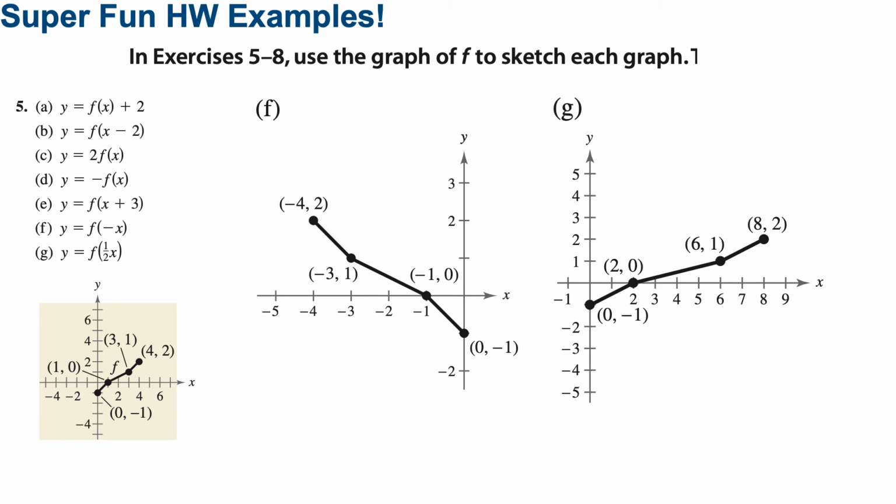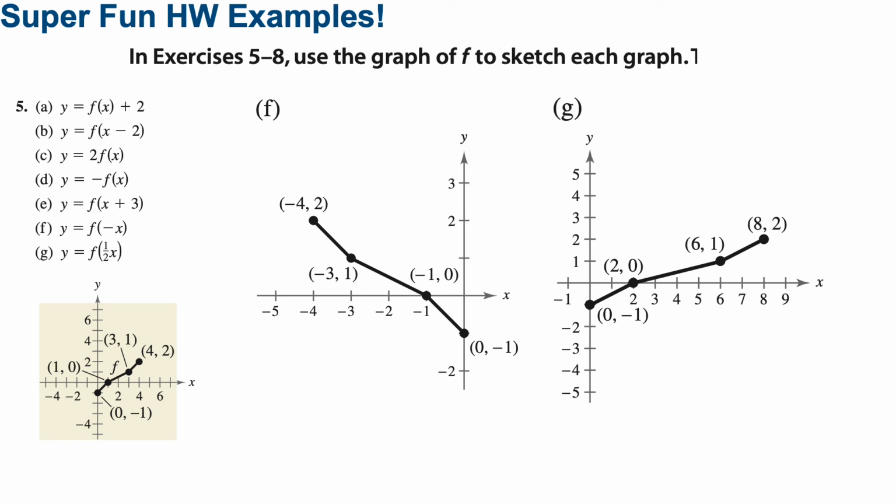And then finally, the horizontal, there's like a stretch here because you have 1/2 of x. So what that means is that you'll get to the same points, but in twice as much time. So x is half as much as it would normally be, right? So (0, -1) is the same, right? But in order to get to (1, 0), to get to a y value of 0, it takes you twice as long.